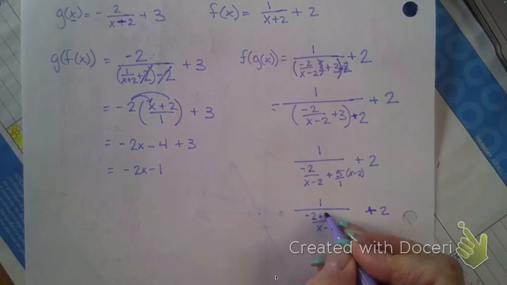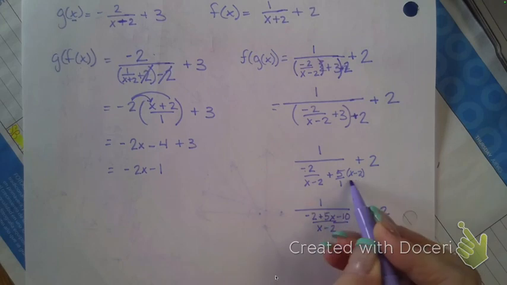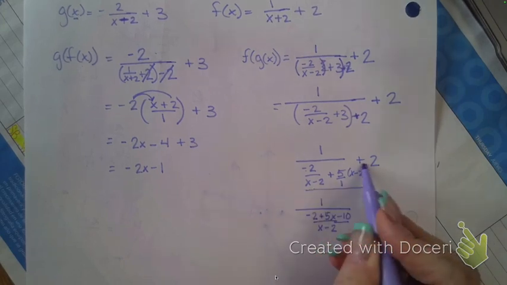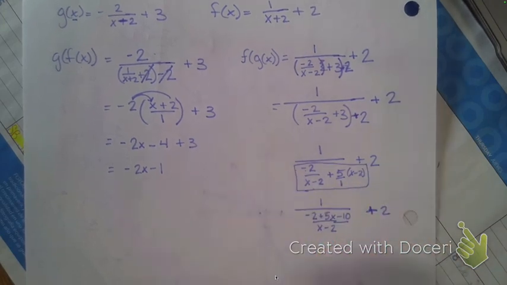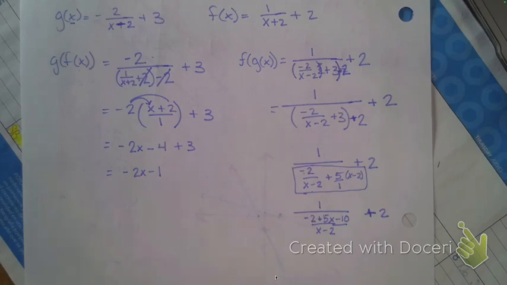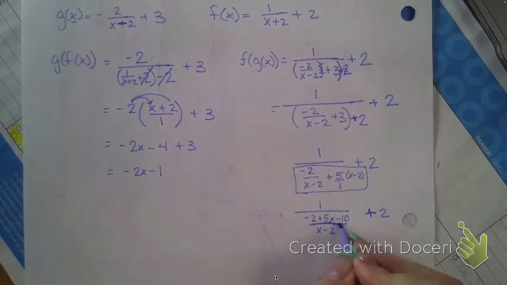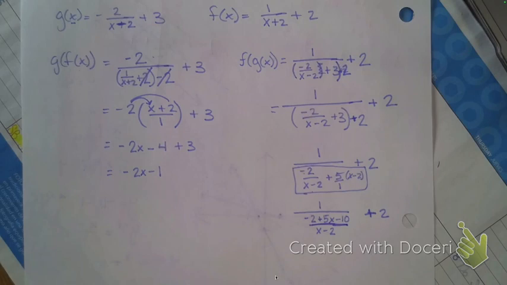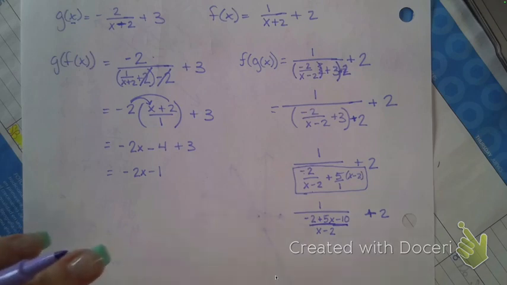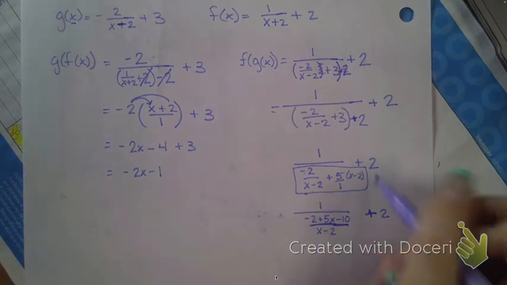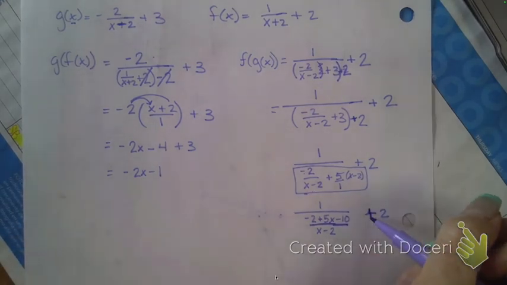I'm confused what you just did. Minus 10. I'm getting common denominators right here. So she's multiplying them by x minus 2. Okay. So that plus 2 I carried down because I'm not doing anything with it yet, am I?